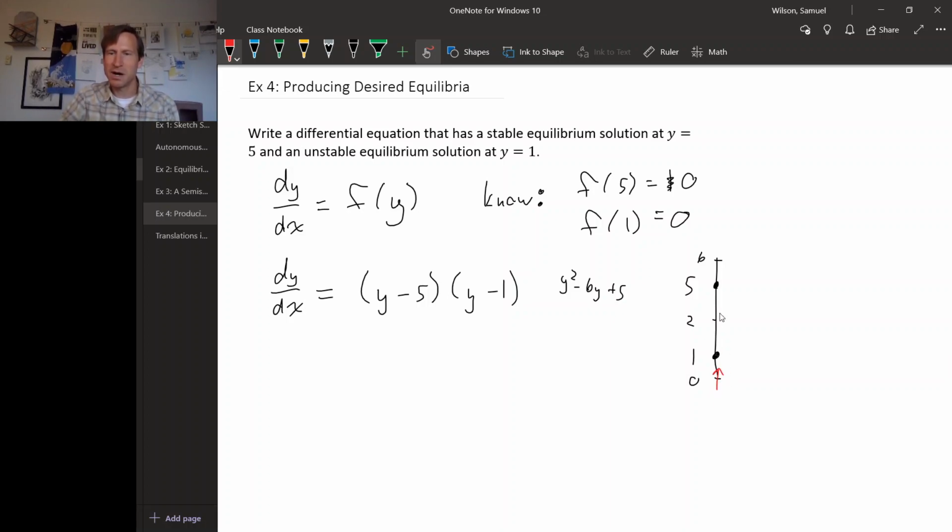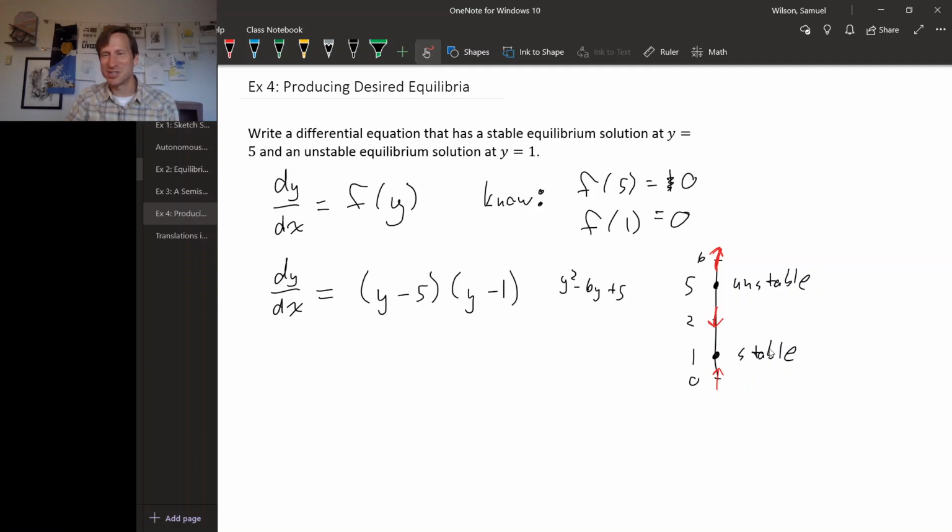It's up at the bottom, it's down in the middle, and it's up at the top. So for this differential equation that we've written down, the equilibrium at 5 is unstable, and the equilibrium at 1 is stable. And that isn't what we wanted. So we have the correct equilibria, but they don't have the right stability.